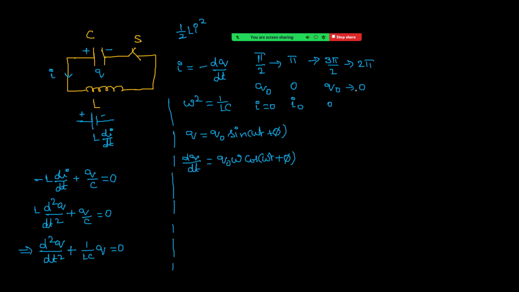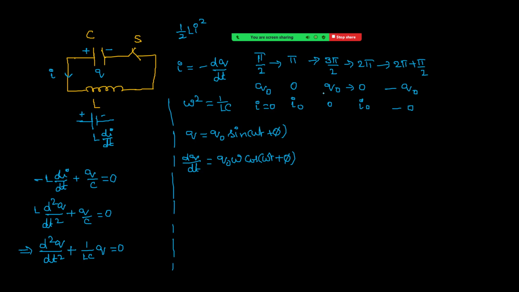Right? Next. Now this becomes 2 pi. Then charge is 0, current is maximum. It is 1/4 cycle. Next, 2 pi becomes 2 pi plus pi by 2. Then charge becomes maximum, current becomes 0. This is now one cycle. See carefully. Charge maximum, next becomes 0.